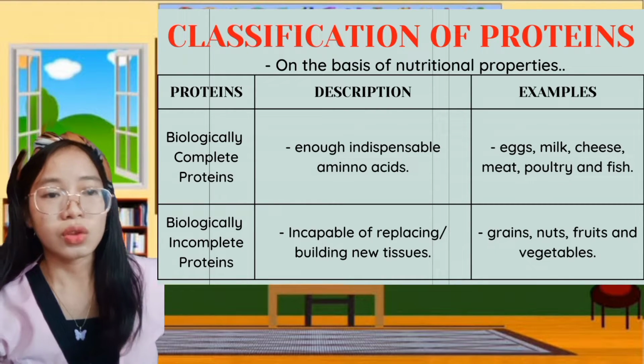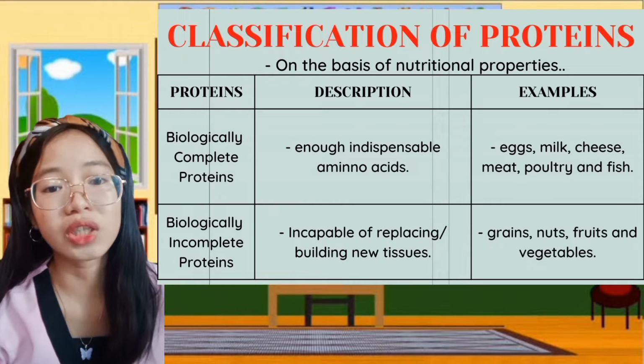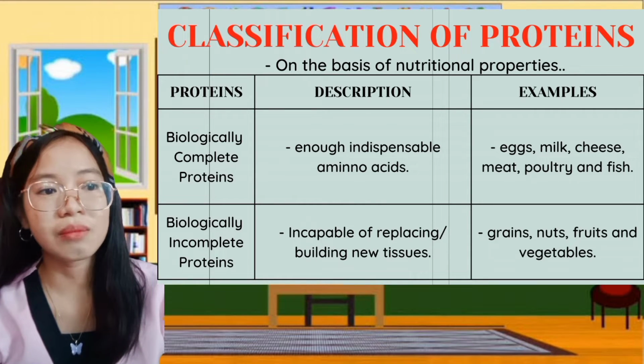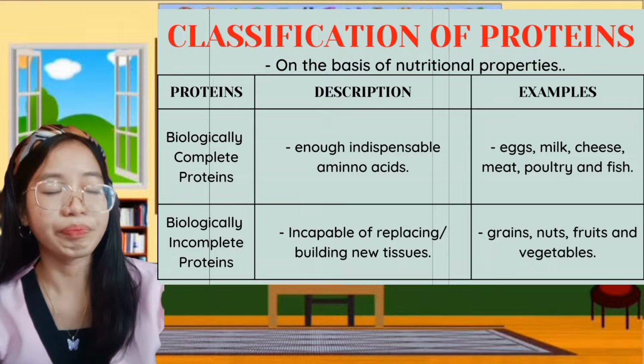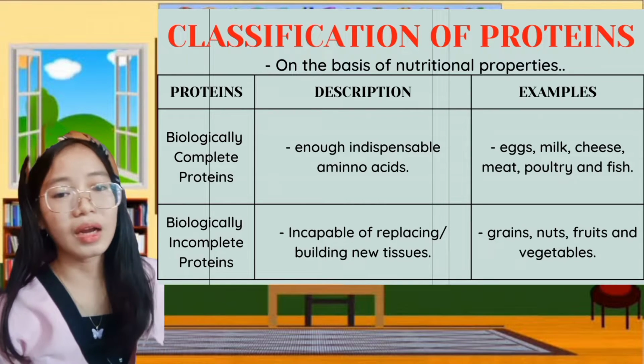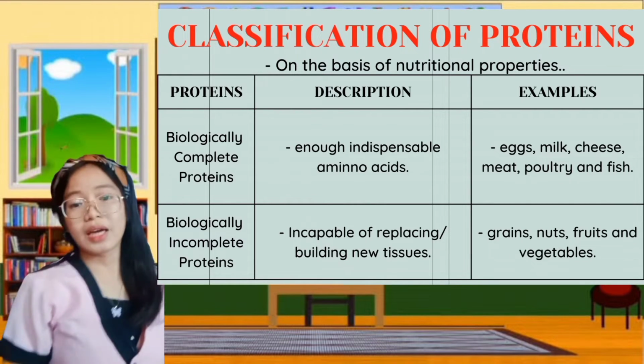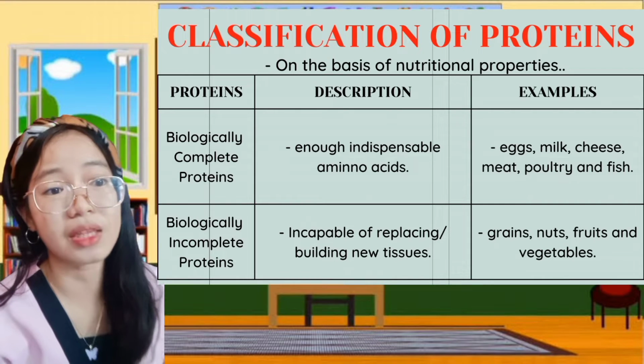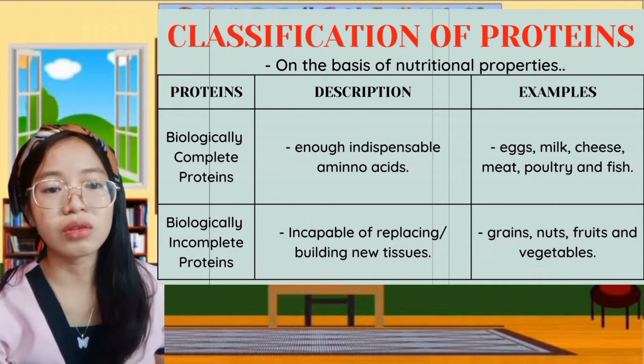Okay? So, we can find biologically complete proteins sa eggs, milk, cheese, meat, poultry, and fish. So, yung mga 9 amino acids na kailangan ng katawan natin ay makikita natin din sa mga products na sinabi ko. Next is the biologically incomplete protein.